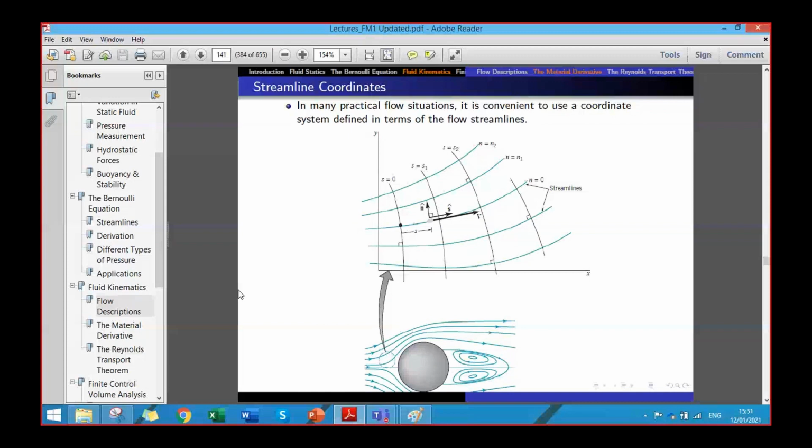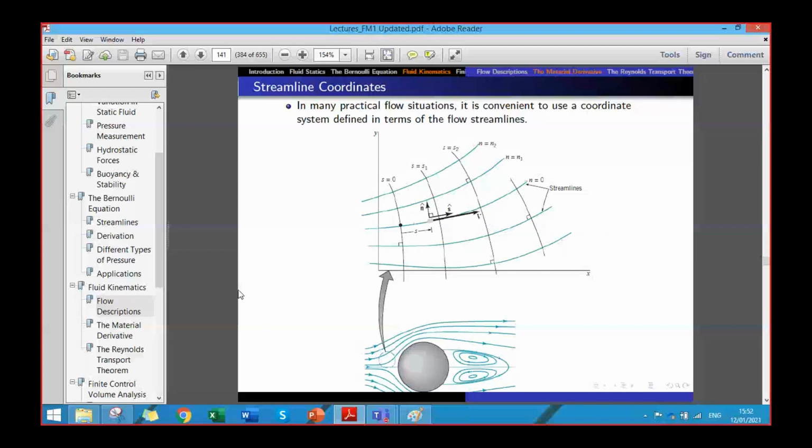But what if we use the streamline coordinates? From the previous chapter, we know that streamline coordinates are much more convenient to work with in fluid flow as compared to the Cartesian coordinates x, y, z. So we'll be discussing how the material derivative will change if we use streamline coordinates.